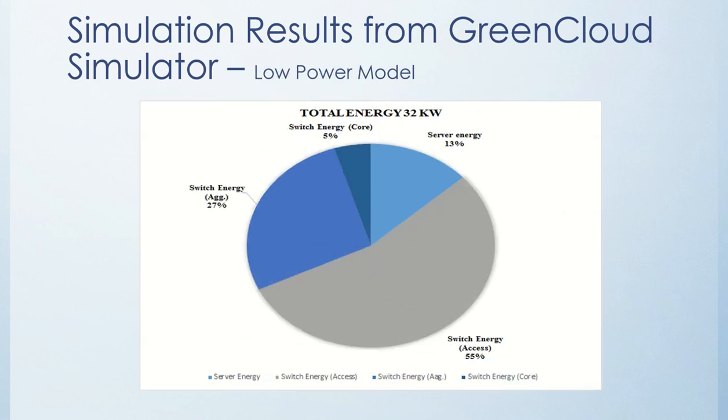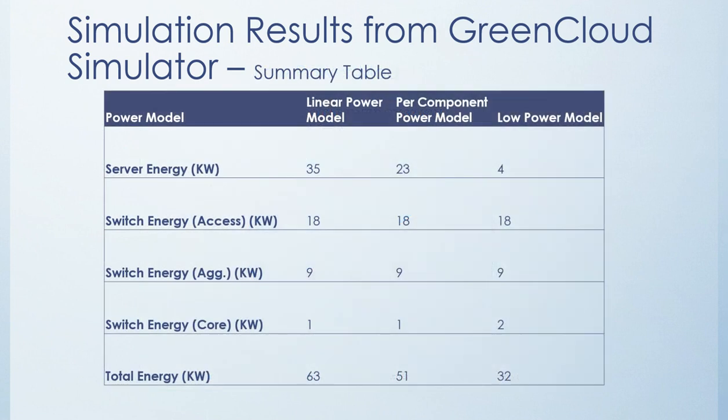In the low power model, which is the third power model, you observe that the total energy has gone down further to 32 kilowatts, and the server energy is only about 30% of this total, which is quite interesting. So with this energy model, we have been able to reduce the server energy substantially.